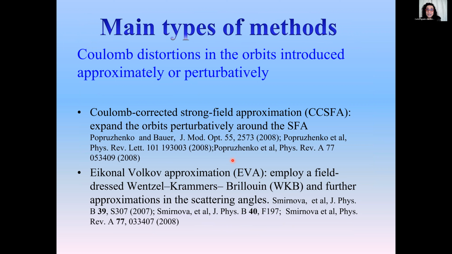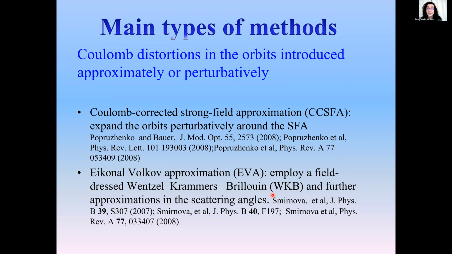So several people then have started to distort the orbits, or introduce distortions due to the Coulomb potential, approximately or perturbatively. For instance, Sergei Popruzhenko and Dieter Bauer came up with the Coulomb-corrected strong field approximation. So they were expanding the orbits perturbatively around the strong field approximation.